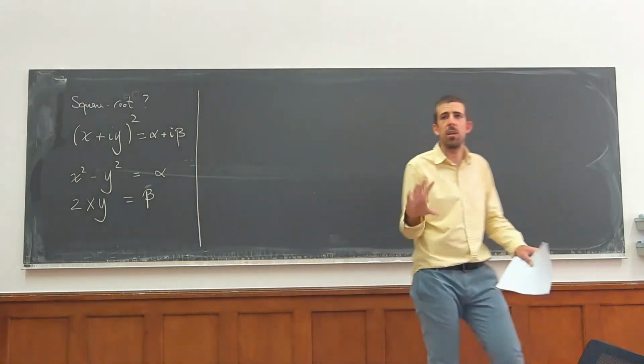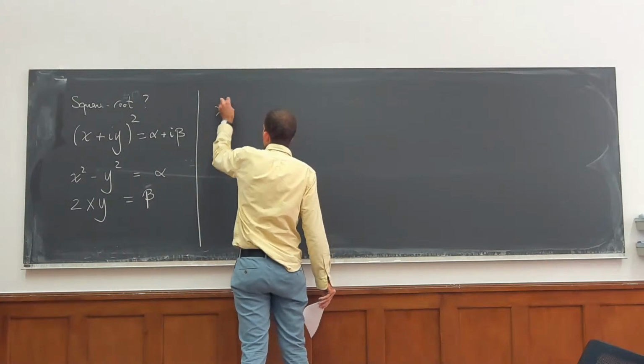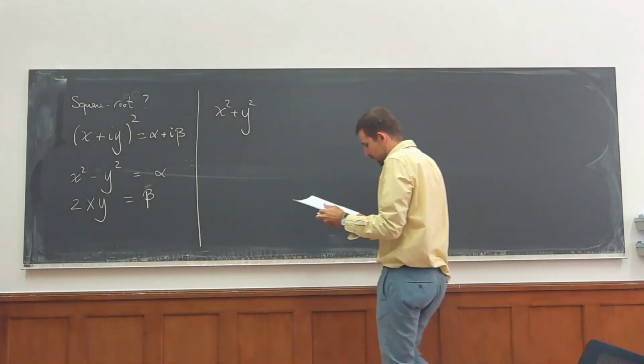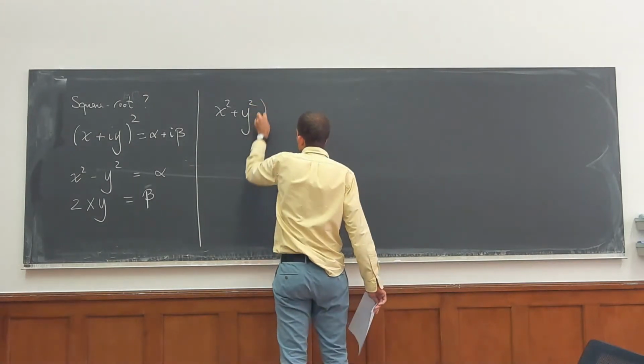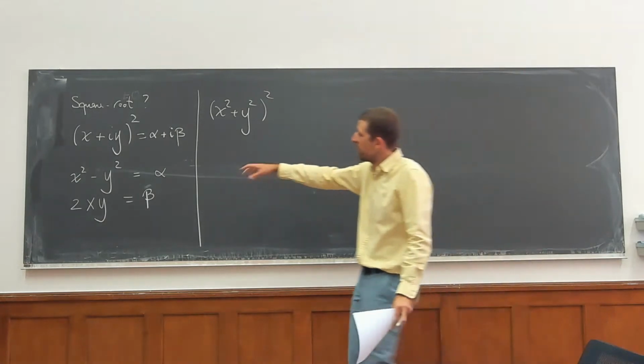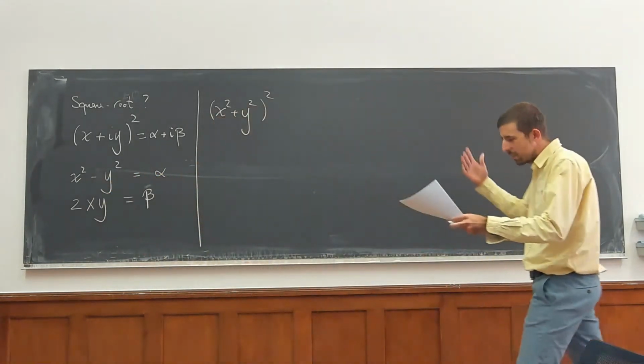So that's the idea. So we're just going to write x squared plus y squared. We'll write the square of this, and stuff like this starts to show up, and then this will allow us to solve for x and y.